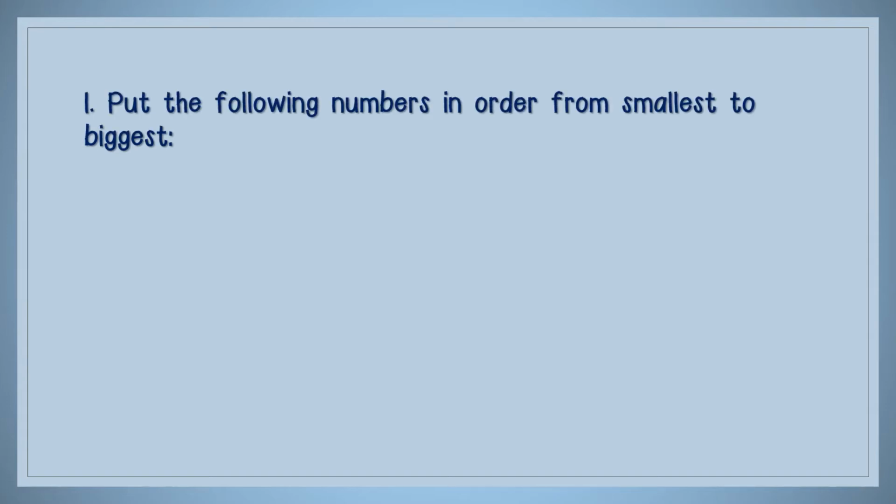Okay, now learners, we are going to go on to ordering numbers from smallest to biggest. Remember, we did this yesterday. So when we say put the following numbers in order from smallest to biggest, we are looking for the smallest number, and then we're going to count forwards all the way to the biggest number and see what number we have, and then we're going to put it in order.